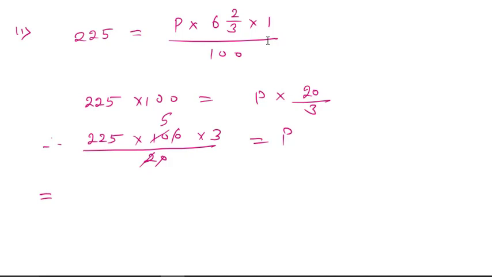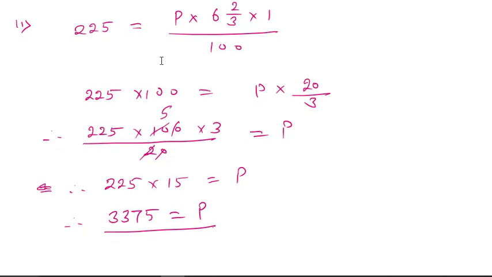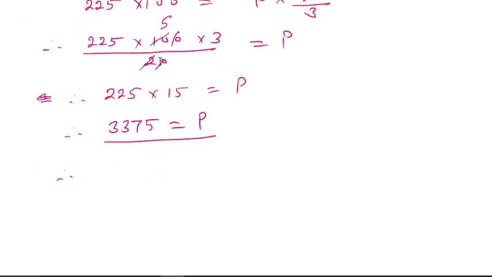Now I will multiply: 5 3s are 15. So 225 multiplied by 15 is P. 15 5s are 75, so 5, carry 7, 15 3s are 45 ... so 3375 is my principal. So the original amount P is rupees 3375.